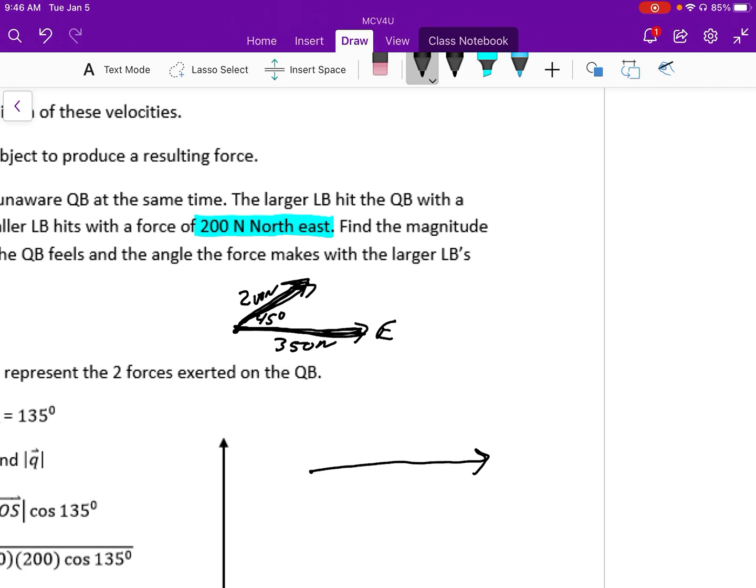East, 350 newtons. Start at the head, go northeast, 200 newtons. So we've got our resultant there, from the tail of the first to the head of the second. There's our resultant. We'll put that as the magnitude of the resultant.